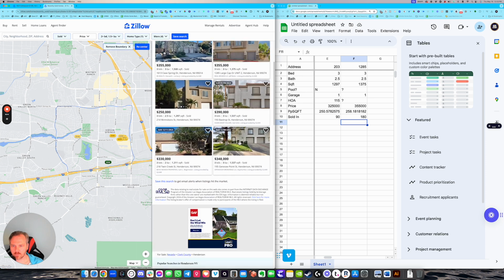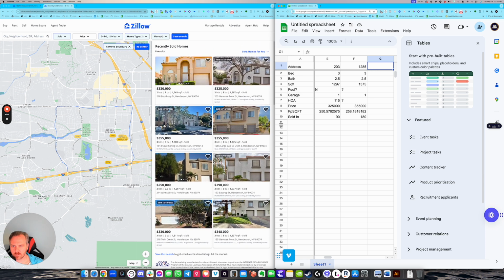Okay. So we then have this, which is, oh, no, we already did 218. This looks like it might have been a short sale or a foreclosure.